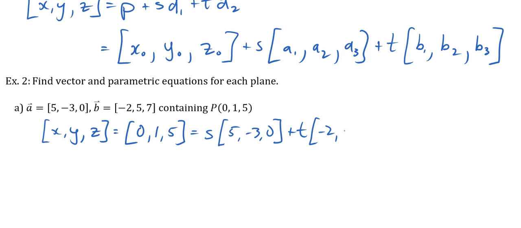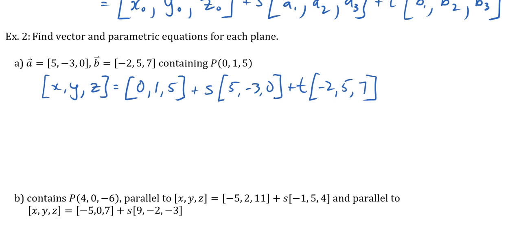Yes, sorry, I don't know why I wrote equals. And then for the parametric equation, we get x equals, y equals, z equals, where we break it up into its components.